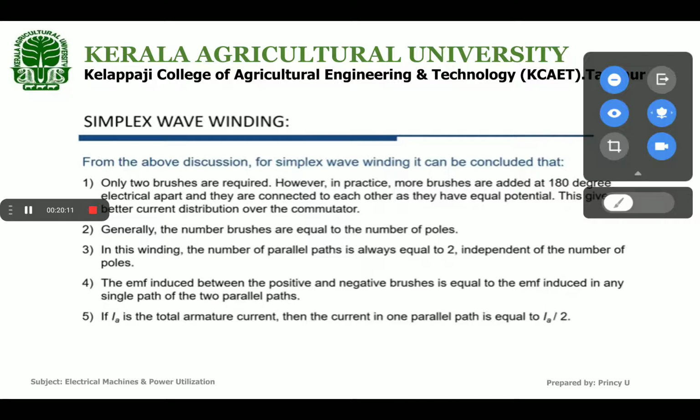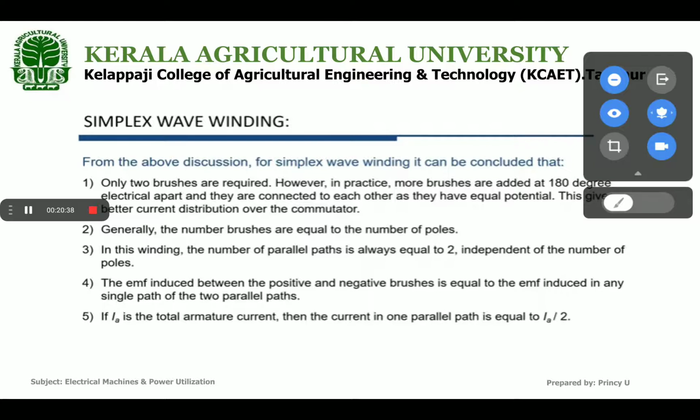This will give better current distribution over the commutator. Generally the number of brushes is equal to the number of poles, but in wave winding, for convenience, we use only 2 brushes. In this winding, the number of parallel paths is always equal to 2, independent of the number of poles.